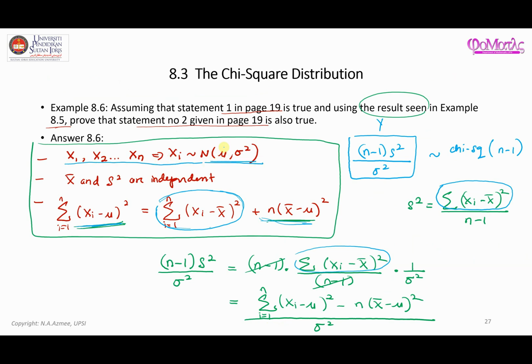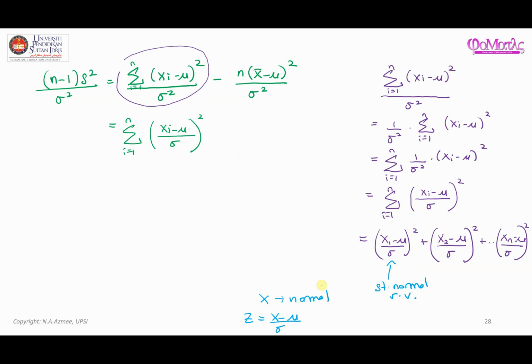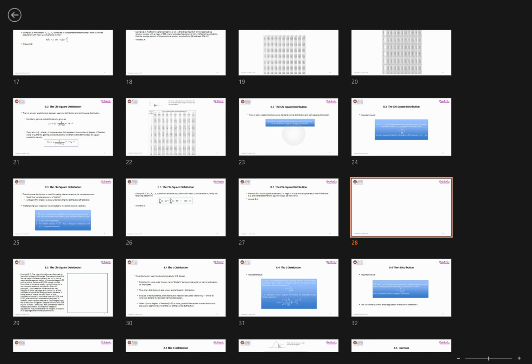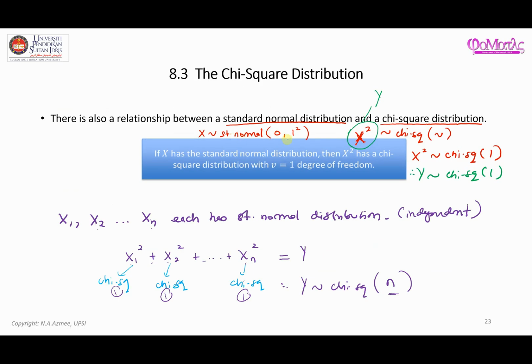So if you subtract mu and divide by sigma, its standard deviation, then x here will be transformed into z. And what is z? Z is a standard normal random variable. So when a standard normal random variable is squared, it means that it has a chi-square distribution. Remember, we go back to this discussion related to this fact. When x is a standard normal random variable, and when you square it, the result is going to have a chi-square distribution with 1 degree of freedom.